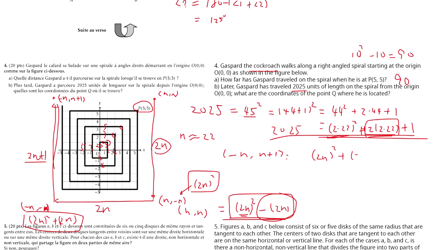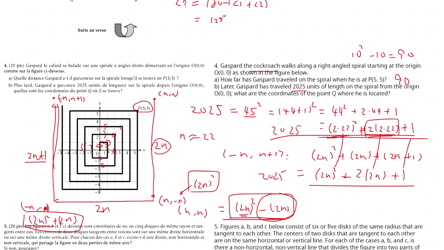And we have to plus 2n plus 1. So it gives you 2n squared plus 2 times 2n plus 1. So comparing to the 2025, we find n is 22.